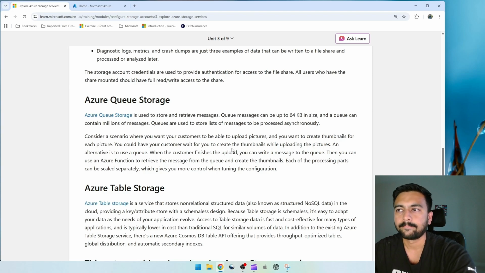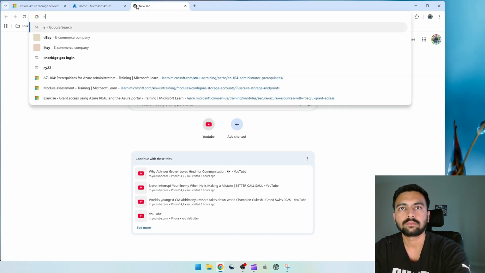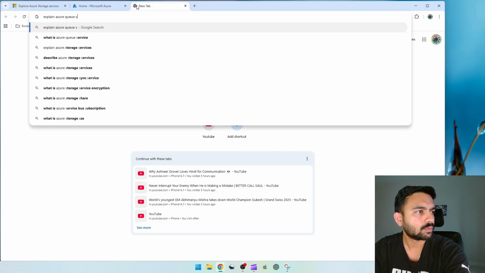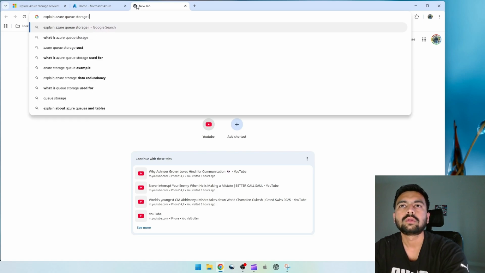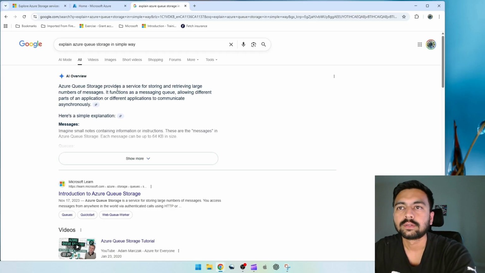So it looks like you can queue messages. A large number of messages function as a messaging queue.